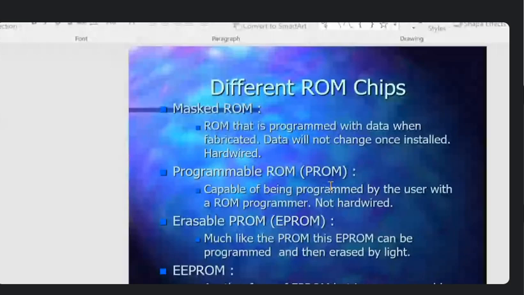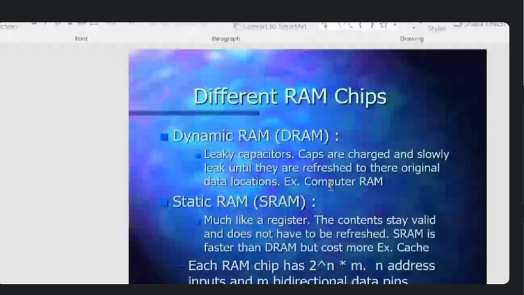For the different types of random access memory chips, we have the dynamic RAM and the static RAM. For dynamic RAM, the capacitors are charged and slowly leak until they are refreshed to their original data locations.